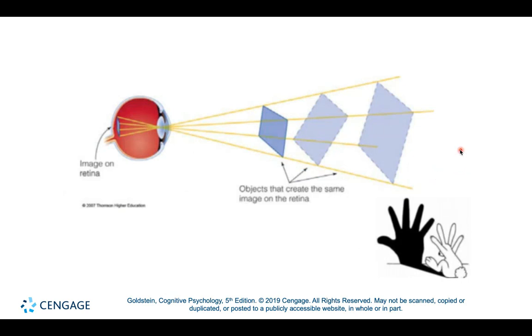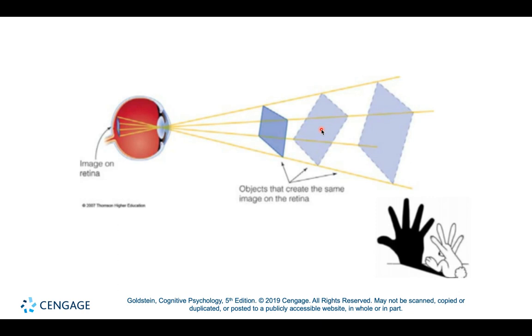And furthermore, sorry, this is just a touch blurry. Furthermore, that image on the back of your retina, let's say you look at a square, right? You perceive a square. And so this square in the world casts this particular image on your retina. Well, the problem is that this retinal image could also come from a slightly larger square that's a little further away and tilted backwards.